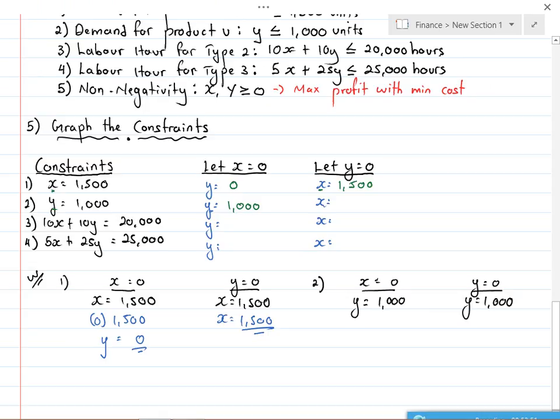Straightforward. So here should be what? What 0 again? No. Y equals to 1000. Straightforward. X equals to 0 now. Now when they say y equals to 0, let me simplify it very easy.